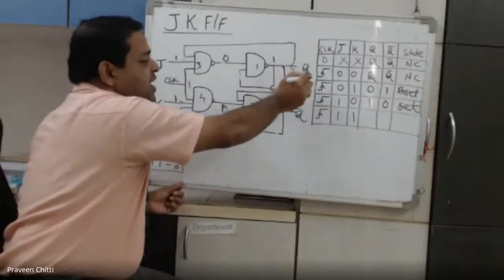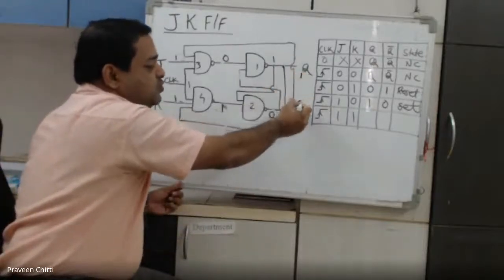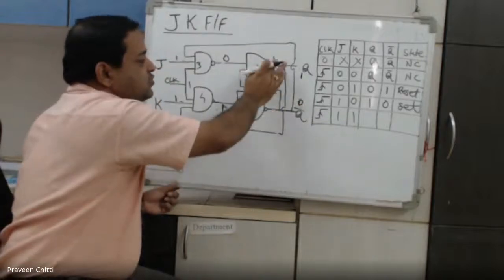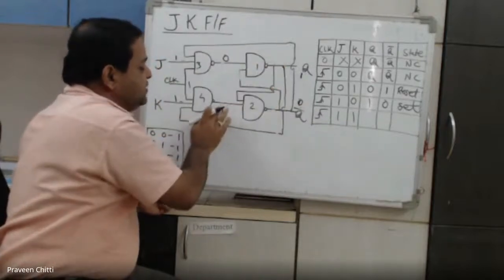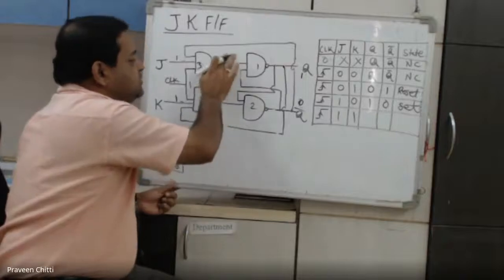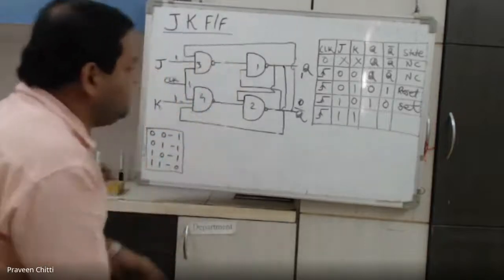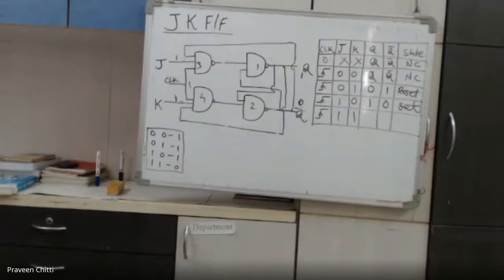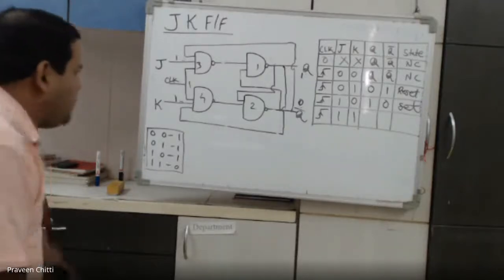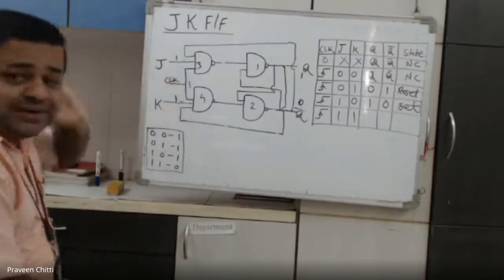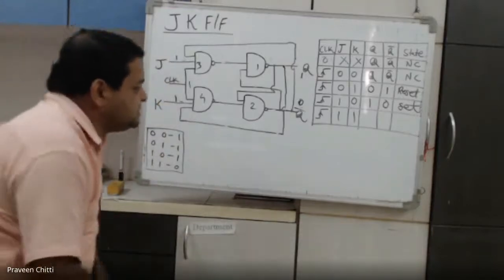On the other hand, if I assume Q equal to 1 and Q bar equal to 0, because there are two possibilities, either Q can be 0 or Q can be 1. So if I assume Q equal to 1 and Q bar equal to 0, and again I give J equal to 1, K equal to 1, what happens now?